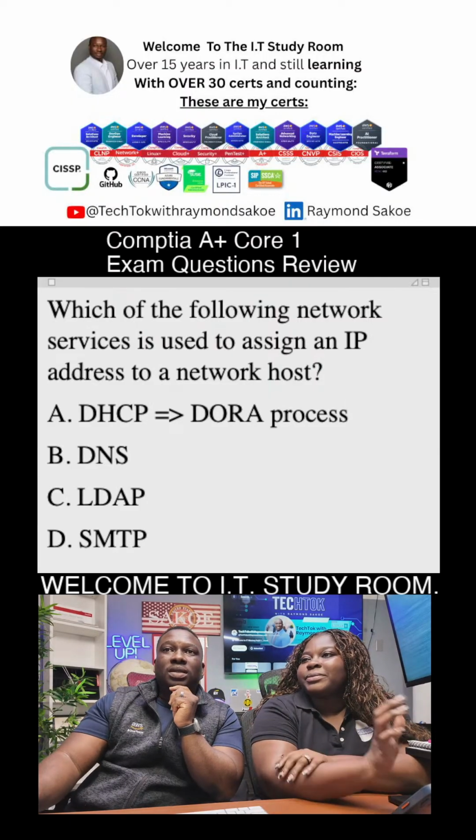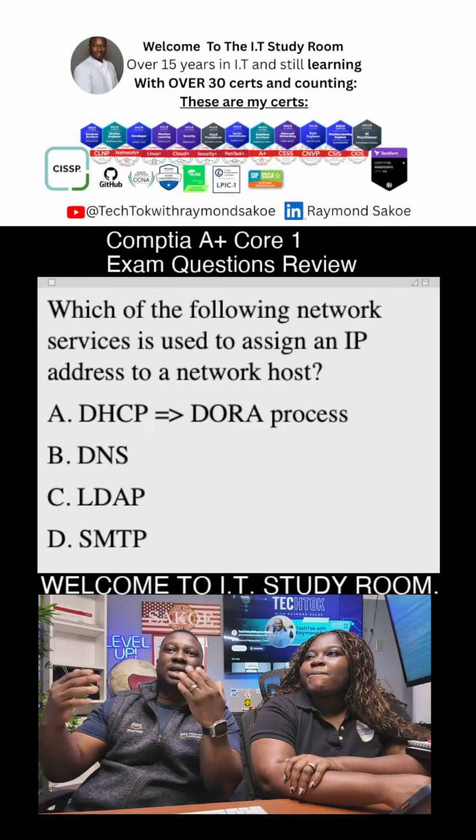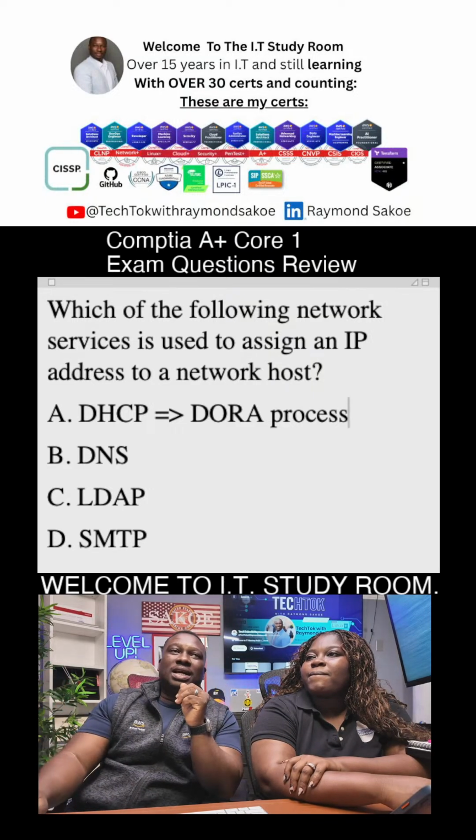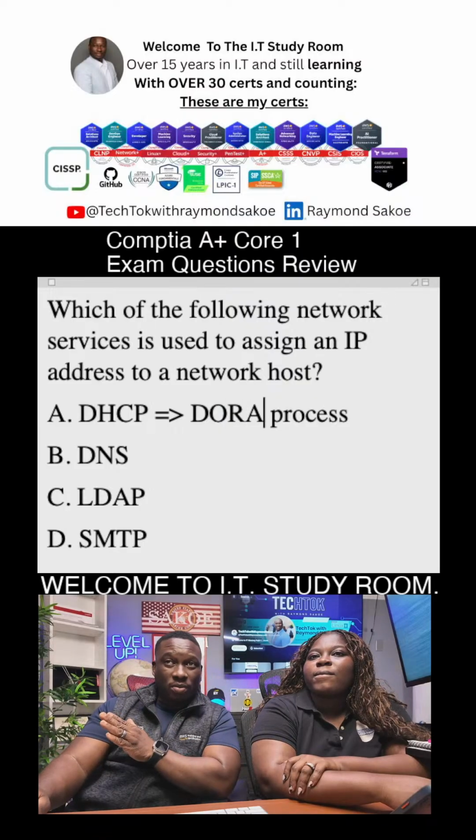So the DORA process is basically when a device comes online. The D is discovery, the O is offer, the R is request, and the A is acceptance. That is the DORA process.